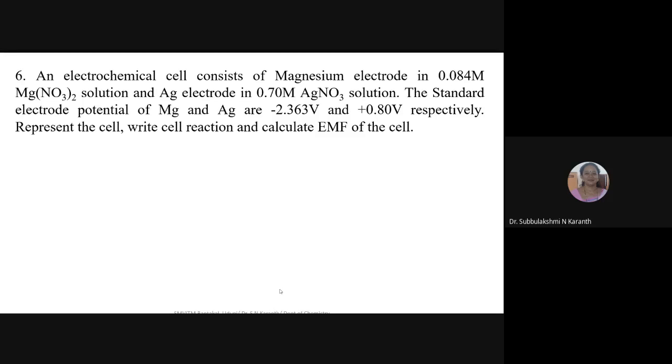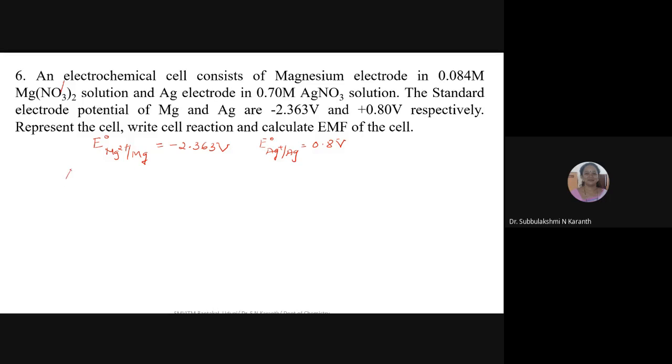Here the electrode potentials of the two electrodes are given. E naught Mg2 plus bar Mg is minus 2.363 volt, and for the silver electrode, E naught Ag plus bar Ag is 0.8 volt. Among the two electrodes, the silver electrode possesses a higher electrode potential.